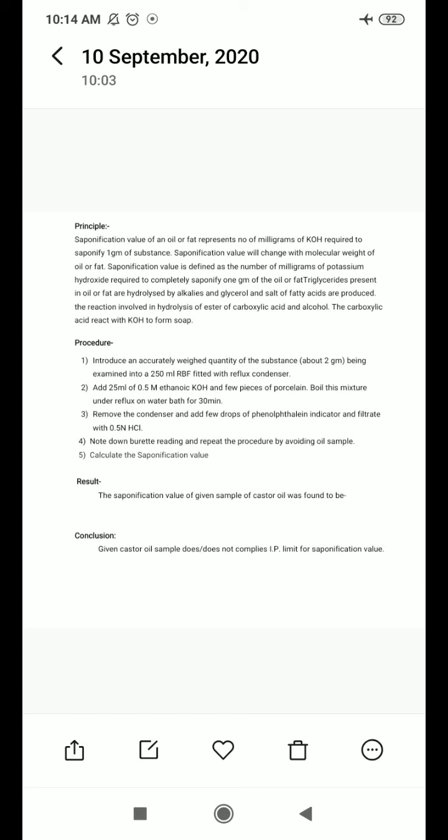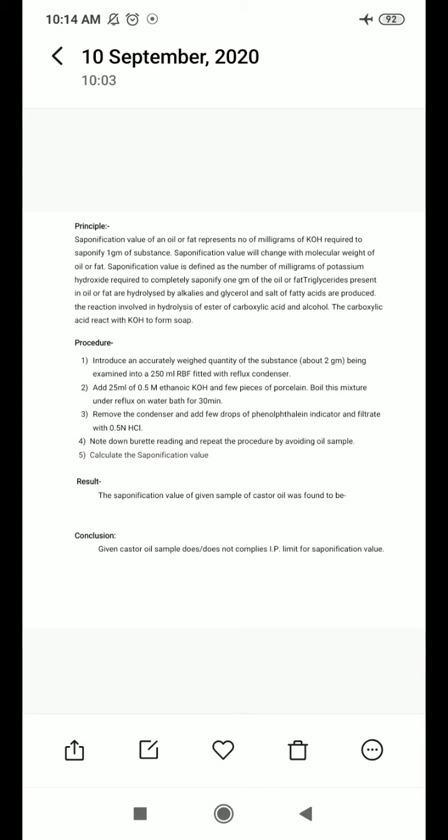You should weigh that KOH accurately, add it in the volumetric flask, and this 0.5 molar KOH solution should be prepared in ethanol. The solvent will be ethanol. You should calculate the molecular weight for 1 molar KOH, then how much quantity of KOH is required for 0.5 molar. On the basis of that you calculate the accurate weight, and prepare it in the solvent, ethanol.